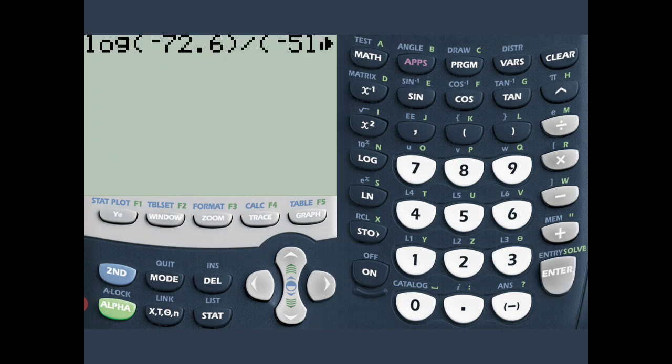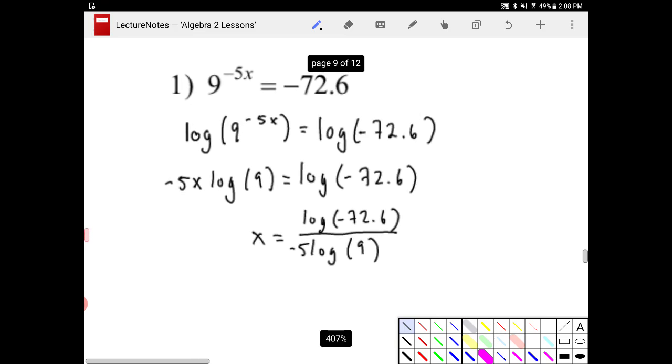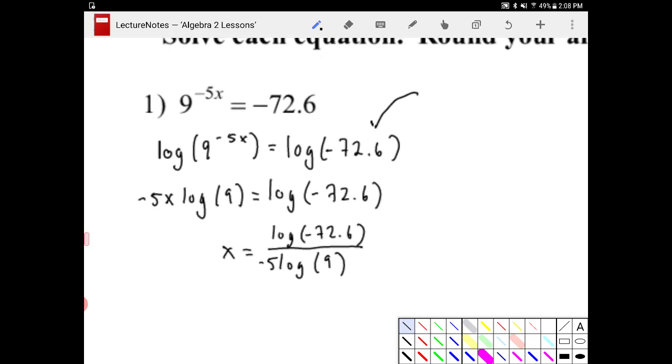Why is that? Well, if I go back to this, if you recall, can we evaluate logs with a negative number? We can't. Remember that? The domain was x is greater than 0, and the range is y is all real numbers. So because of this, we cannot take the log of a negative number.